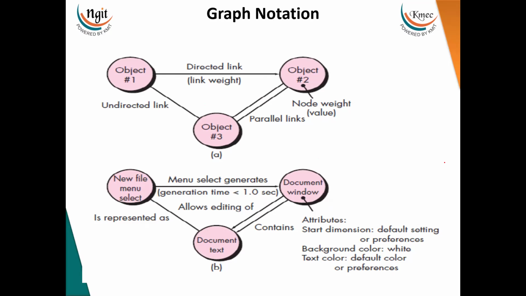It is represented with the new file menu, document window, and document text, and the relationship between those. The parallel link exists between your document window and document text. The directed link is between new file menu select, where menu select generates the document window.